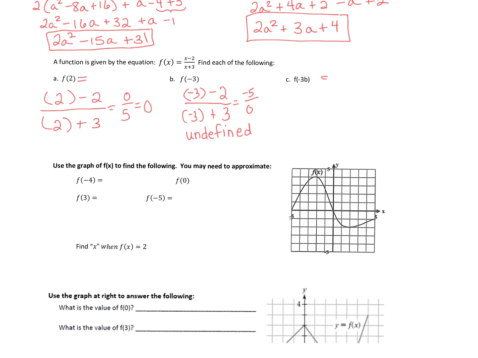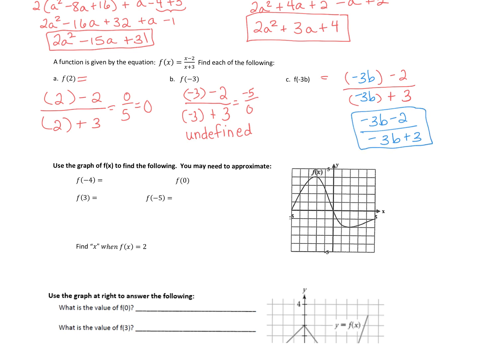And for our last one, something minus 2, something plus 3, our something is negative 3b, and we end up with minus 3b minus 2 over minus 3b plus 3.